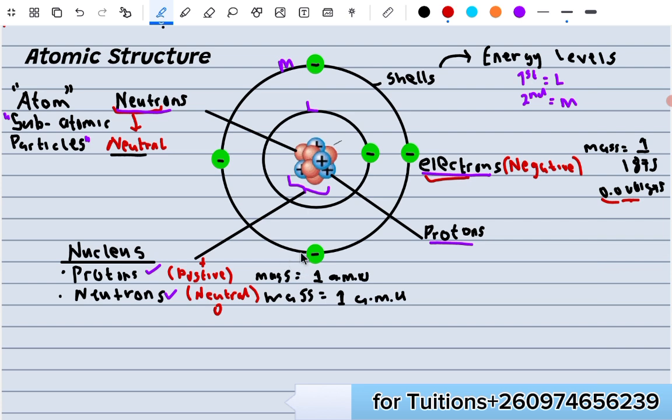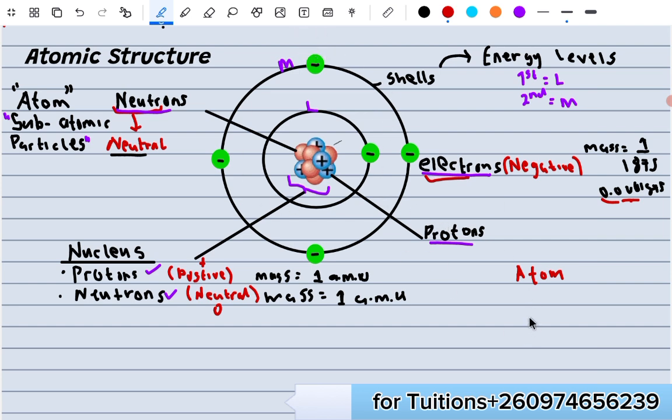Now to go a bit further under atomic structure, there are important things you need to know. Within an atom, when an atom is neutral, the whole atom must be neutral. What do we mean when the whole atom is neutral?